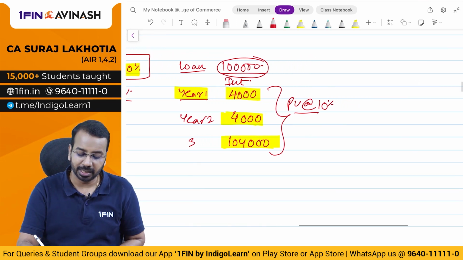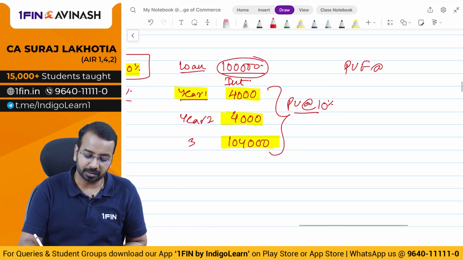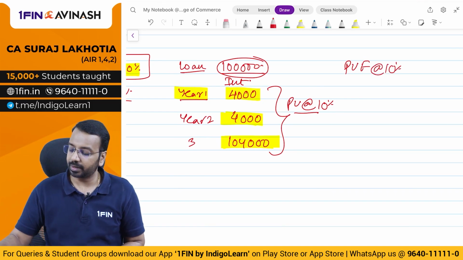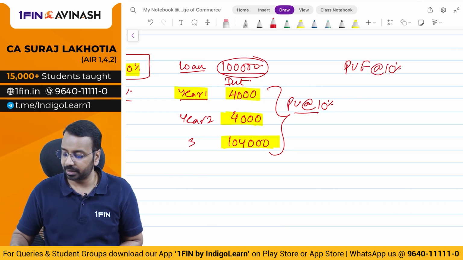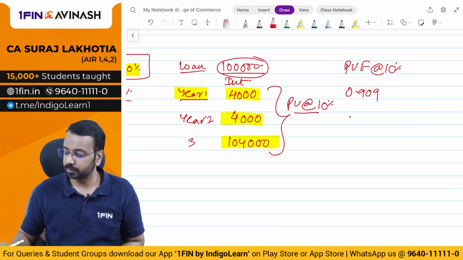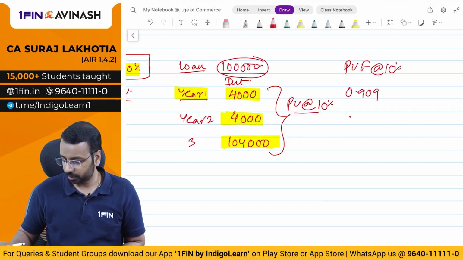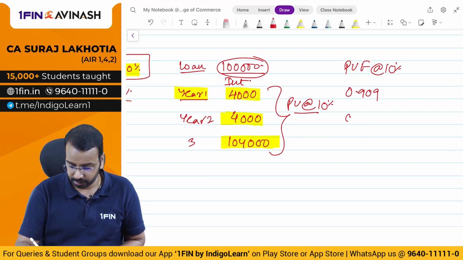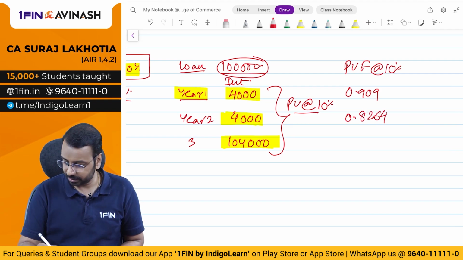So if I calculate the present value factor at 10%, we can do 1 divided by 1.1, we get 0.909, then 0.8264 and 0.7513.